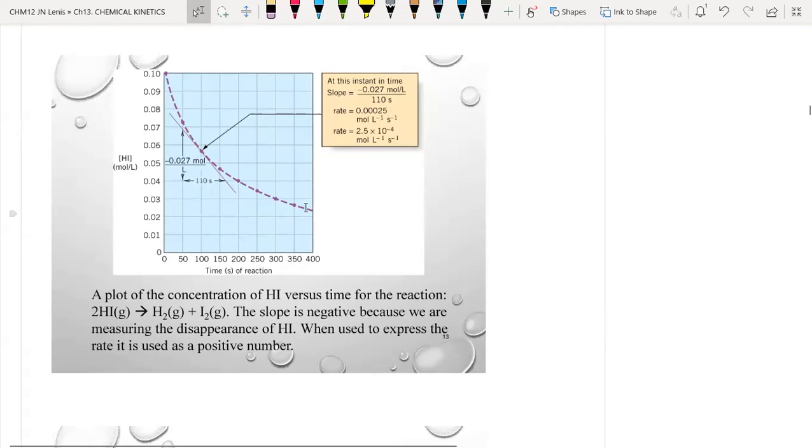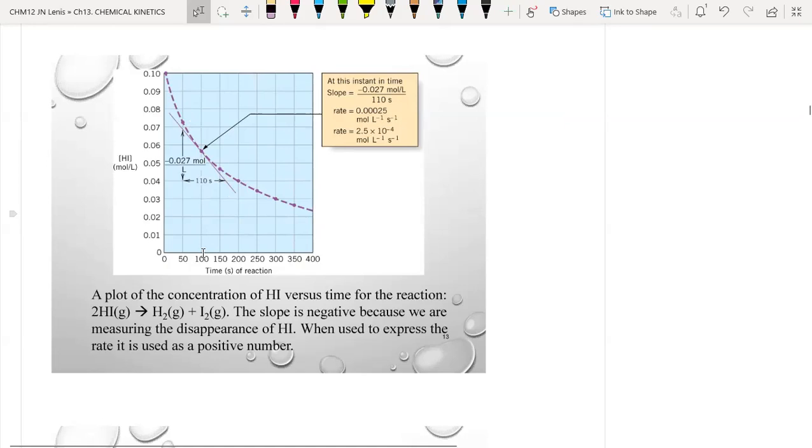From there, we can calculate the instantaneous rate of the reaction. That means the rate at any specific time. And that will be the tangent of the concentration curve at that particular time.